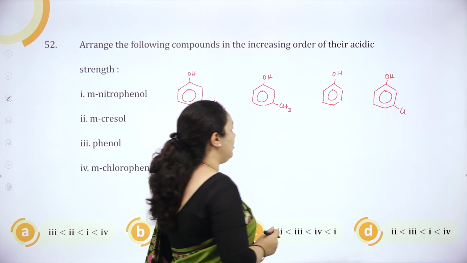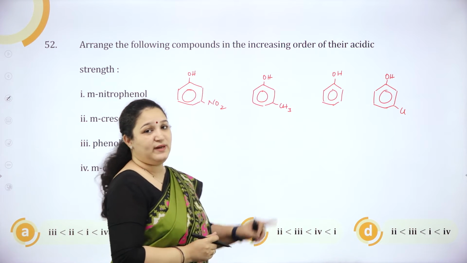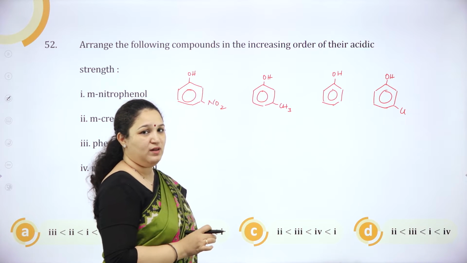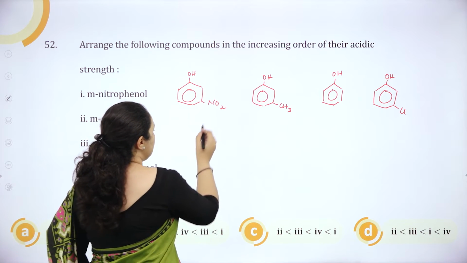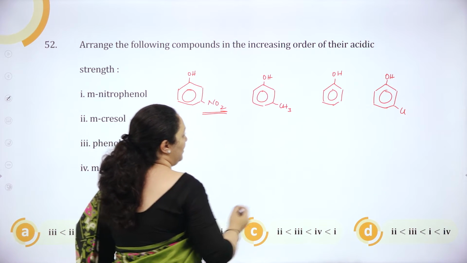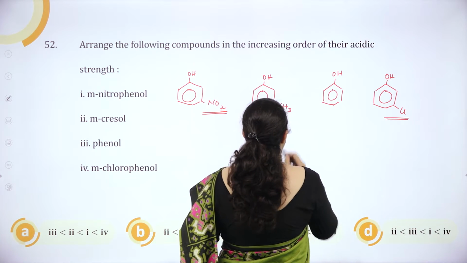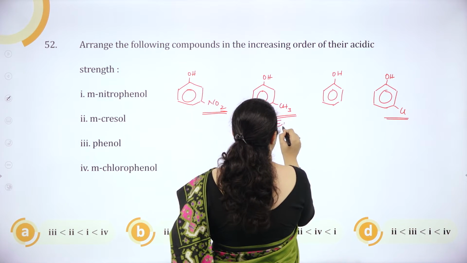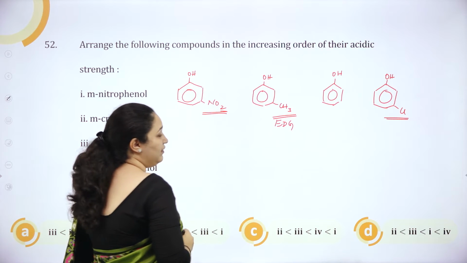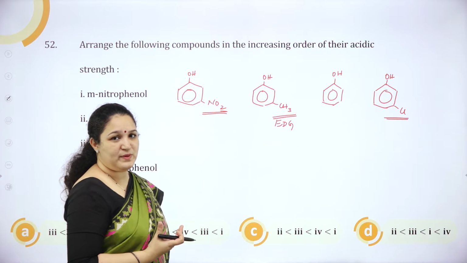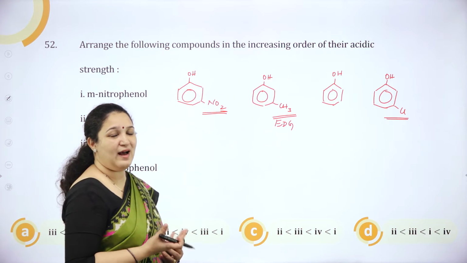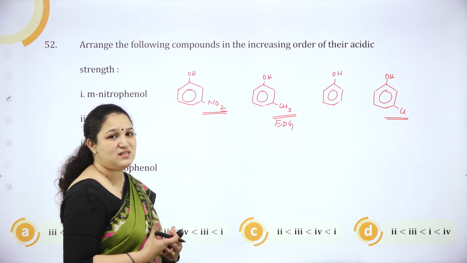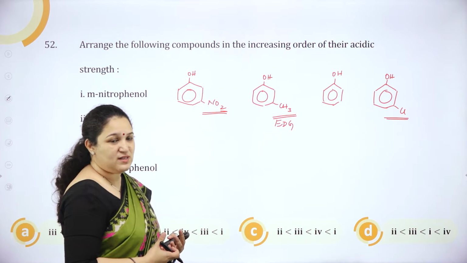So here what you can observe is you have the substituent in the meta position. Okay. So here this is the electron withdrawing group. Here also it is an electron withdrawing group. Here it is electron donating group. We know that the stronger the withdrawing group, the higher the acidity, or it increases the acidic strength, isn't it?